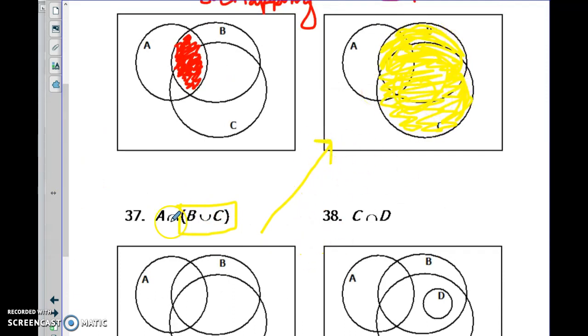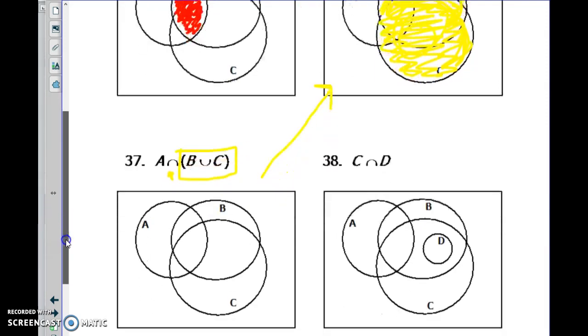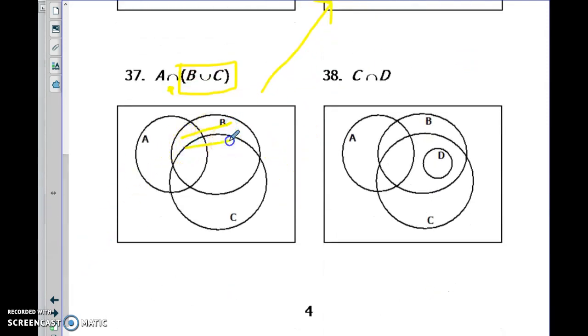We want to intersect, because of that upside down U, all of that yellow with circle A. So if we're thinking, okay, I have all of B and C here, and then I'm going to draw green stripes for A. The only thing that I want is the intersection of those two colors. So I only want what's overlapping right in here between the yellow and the green. So yellow and green overlap in there.